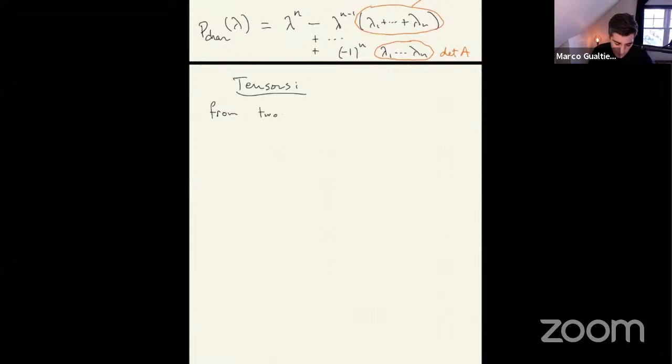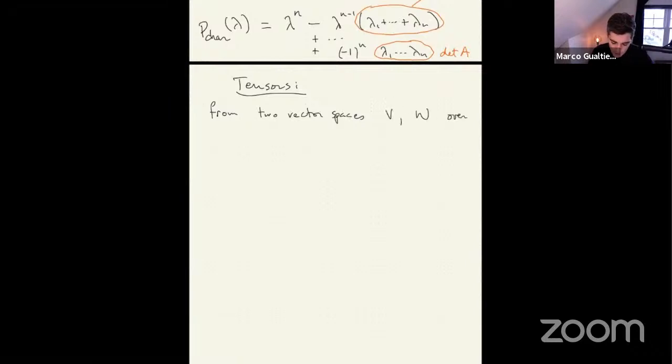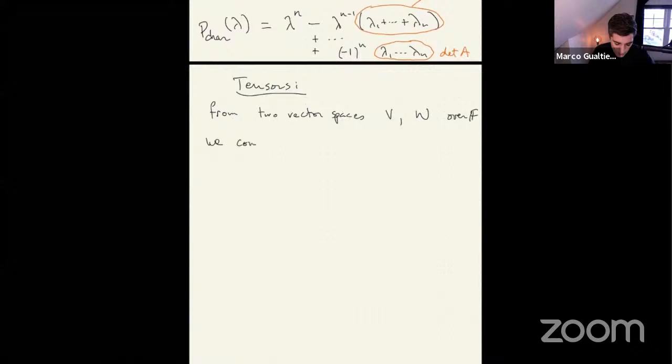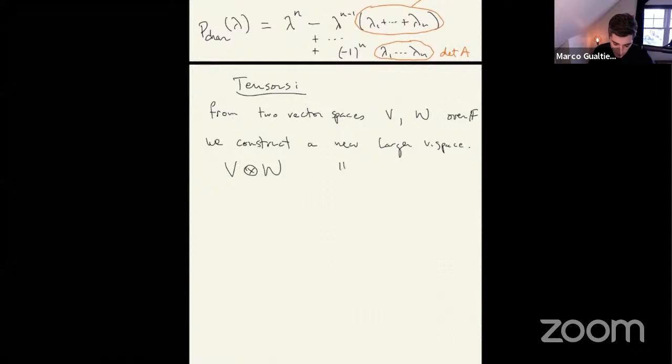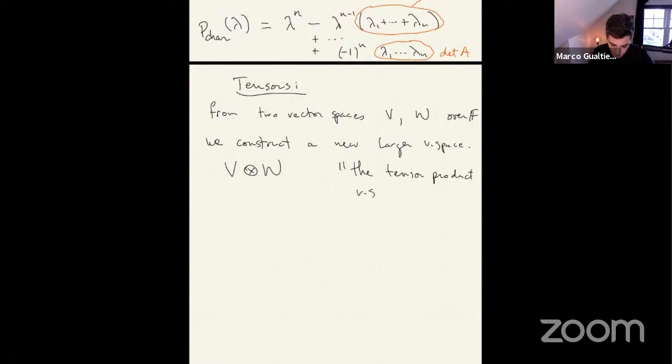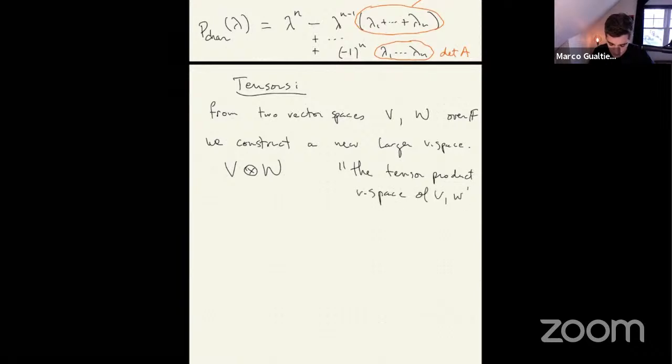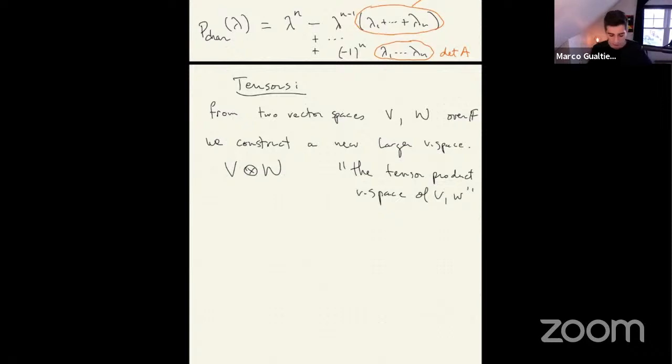From two vector spaces, V and W, over the same field, we construct a new, larger vector space, V tensor W, which is called the tensor product vector space of V and W. Okay, so it has an intimidating name, tensors. It has an intimidating notation, which is an X with a circle around it, which you never saw before.